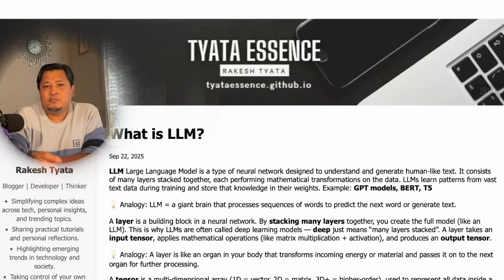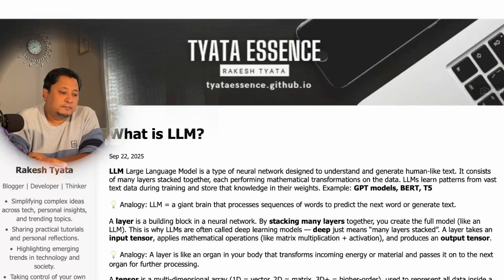A large language model, also known as LLM, is a neural network designed to understand and generate human-like text. In simple terms, it consists of several layers of neural network, each layer performing mathematical transformations on the data.